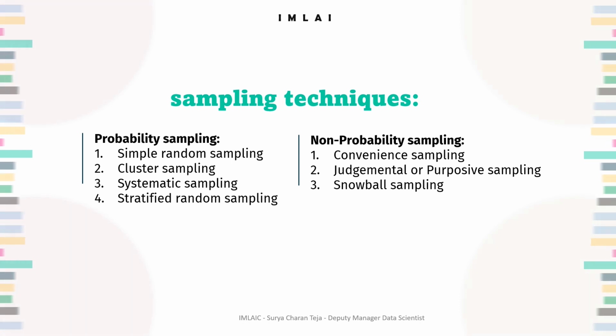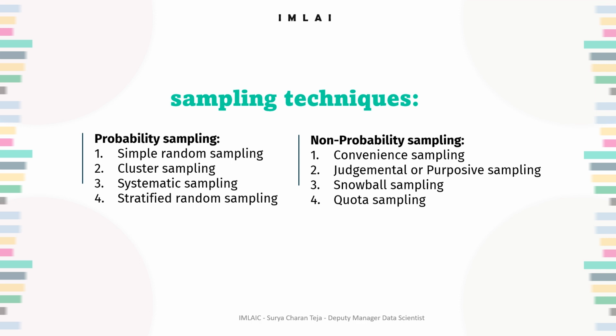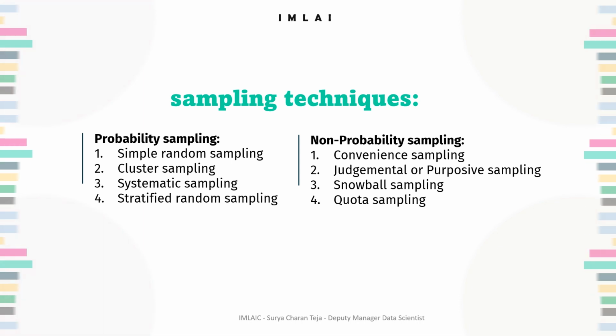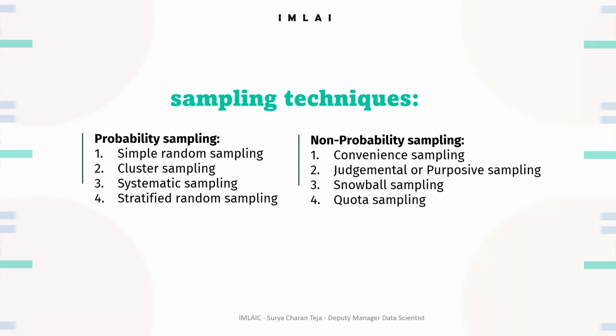Then we have snowball sampling, and after that, quota sampling. This technique involves selecting individuals based on specific characteristics to ensure that the sample reflects the characteristics of the population. Quotas are set for each characteristic such as age, gender, or income, and individuals are selected to meet those quotas.